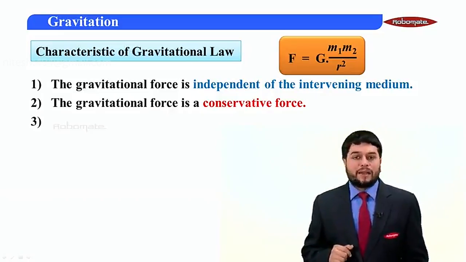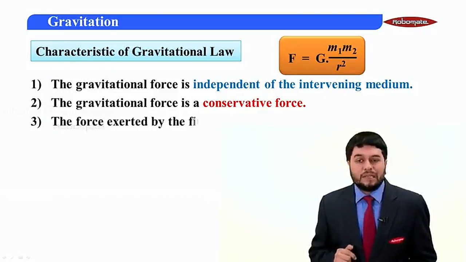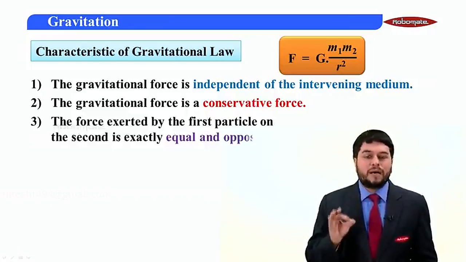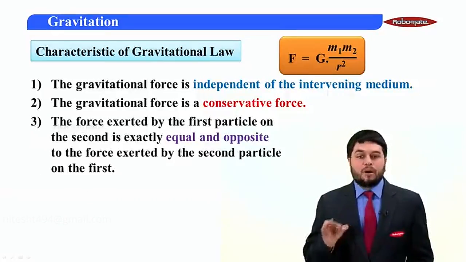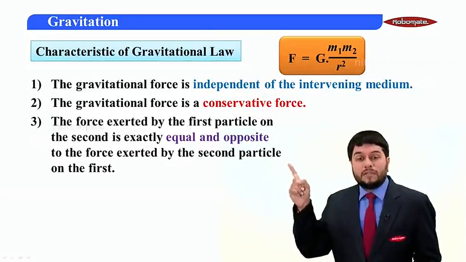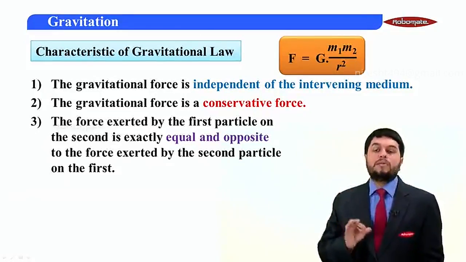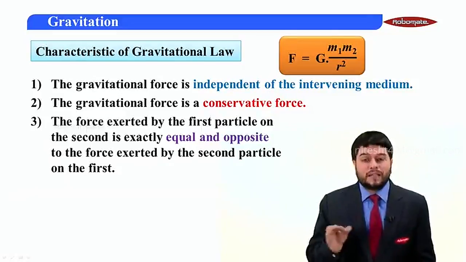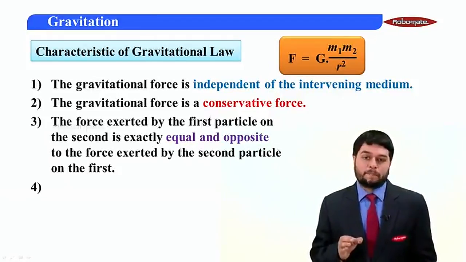The third important characteristic of gravitational law is the force exerted by the first particle on the second particle is exactly equal and opposite. Remember this, equal and opposite to the force exerted by the second particle on the first one. What does that mean?